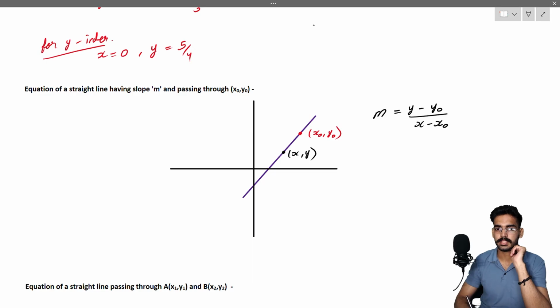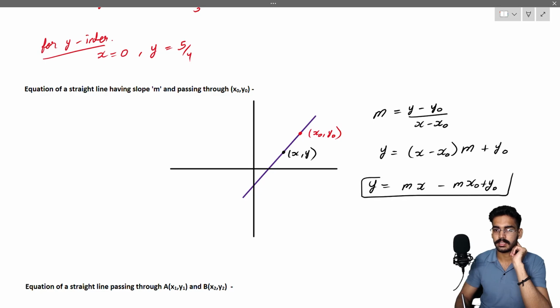So this is the relation that came. From here, y is equal to (x minus x naught) into m, plus y naught, right? So y is equal to mx minus mx naught plus y naught. This is my relation.